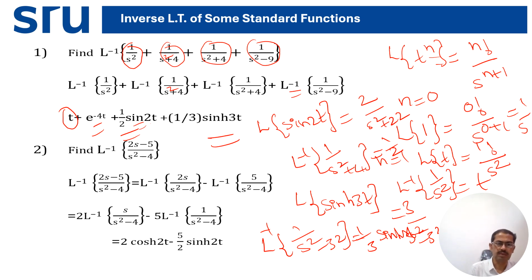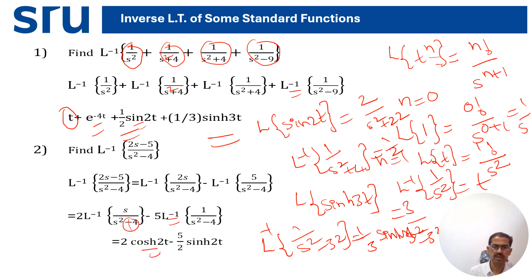Similarly, find the inverse Laplace transform of 2s minus 5 by s square minus 4, or s square minus 2 square. Separate the fractions: the inverse Laplace transform of 2s by s square minus 4, minus the inverse Laplace transform of 5 by s square minus 4. Take the constants out: 2 into the inverse Laplace transform of s by s square minus 2 square, minus 5 into the inverse Laplace transform of 1 by s square minus 2 square. You know s by s square minus 2 square is cosh 2t, a hyperbolic function, because we have a negative sign.